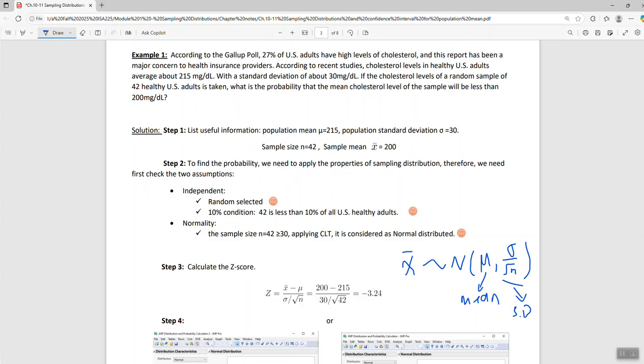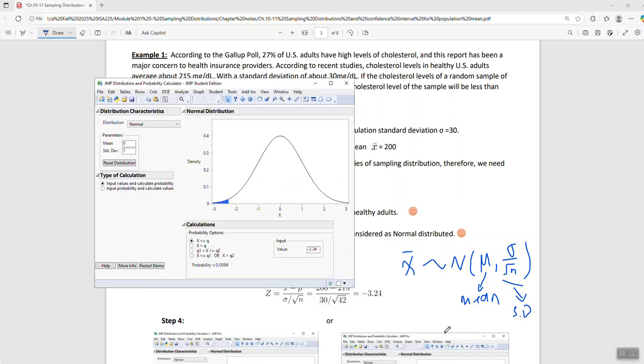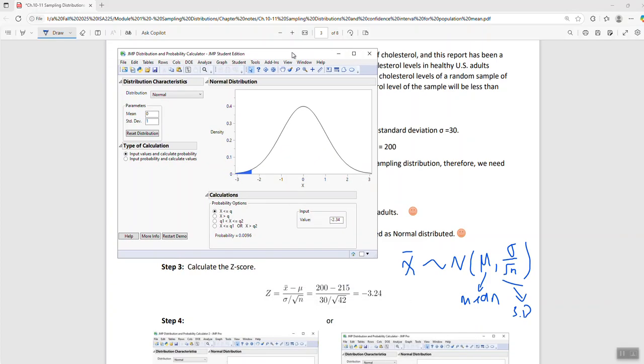All right, so if you don't want to calculate the z first, then you need to say that now this distribution is not a standardized normal distribution. It is a sampling normal distribution. So here the mean will not be 0 anymore.